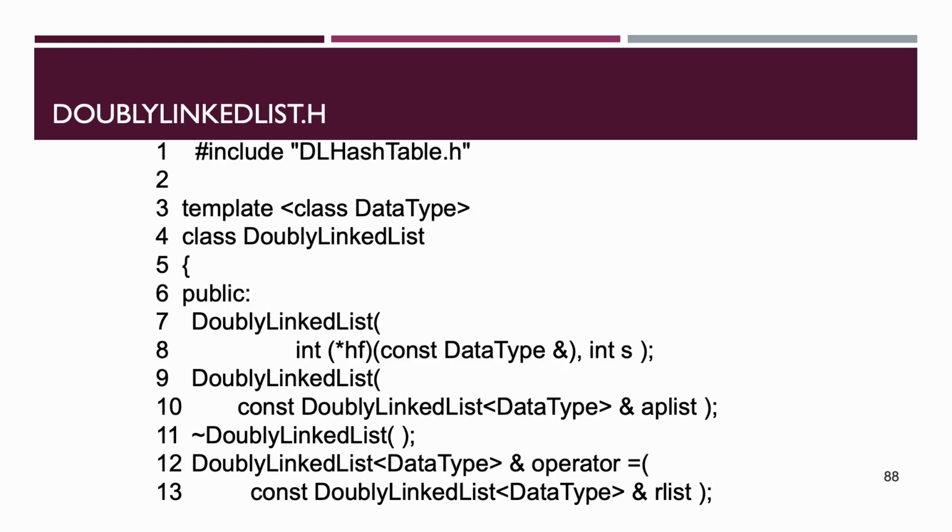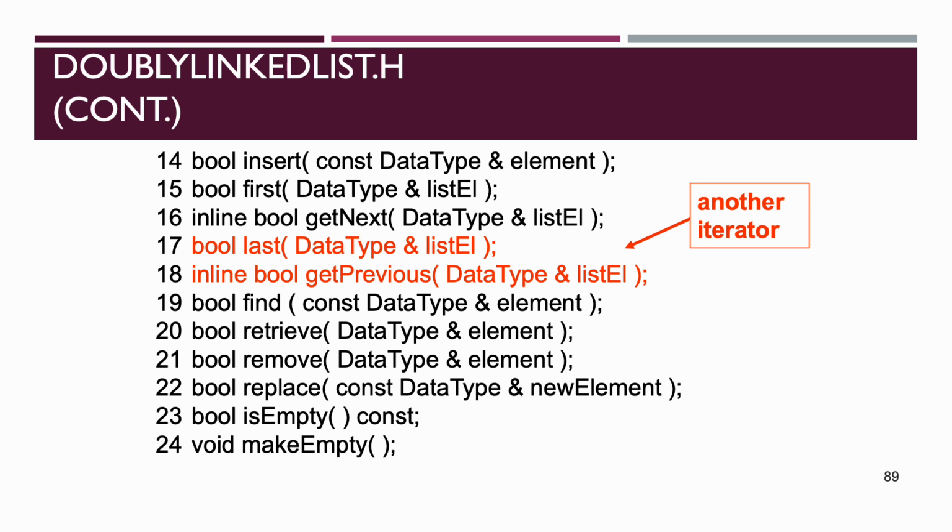Okay, now look at this code for the doubly linked list header file. Here we have another iterator. We added another iterator: bool last and inline bool get previous.